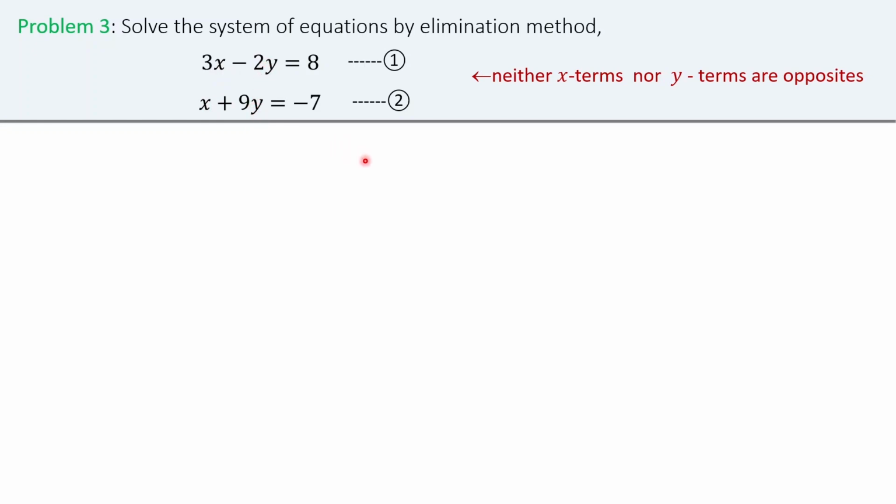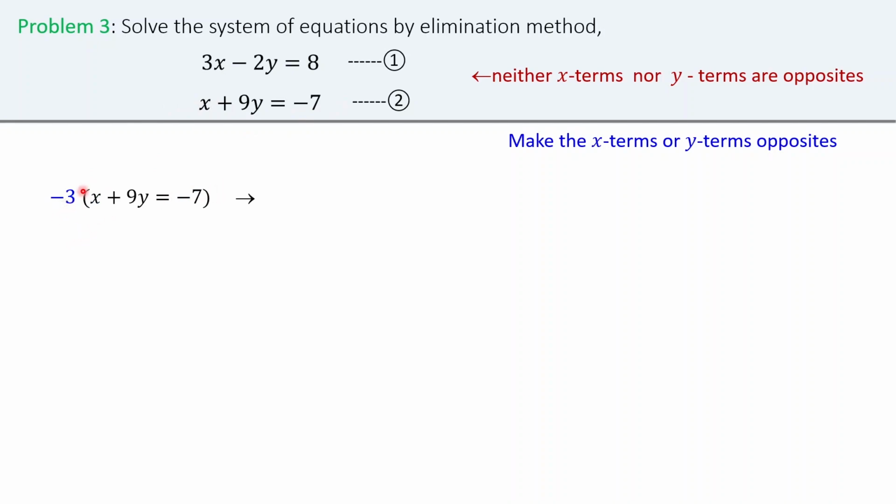To use the elimination method, you need to make the x terms or the y terms opposites. It is easy to make the x terms opposites because if you multiply by negative 3 here, you have positive 3x and negative 3x. These are opposites. So what you need to do is, you need to multiply negative 3 with this equation.